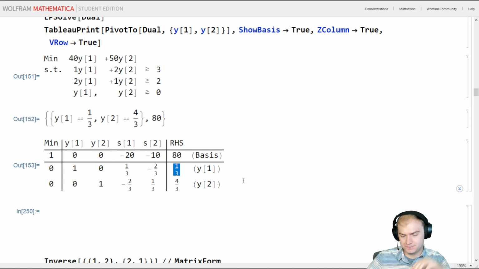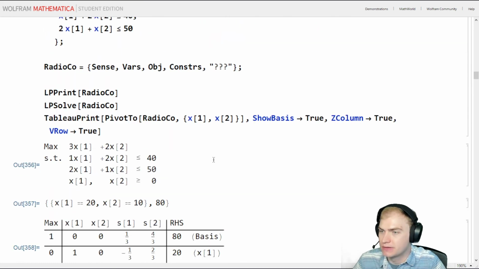If we were to pay $1/3 more an hour, we would break even. So let's try that.